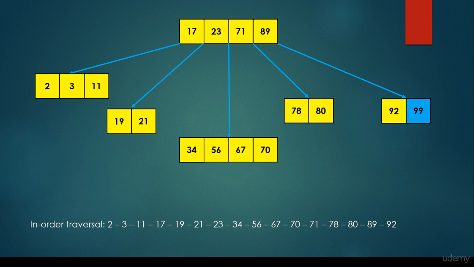We came to the conclusion that these keys don't have any children, so that's all about the in-order traversal. So 2, 3, 11, 17, 19, 21, 23, 34, 56, 67, 70, 71, 78, 80, 89, 92 and 99.